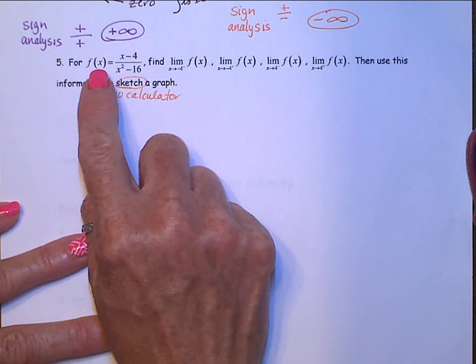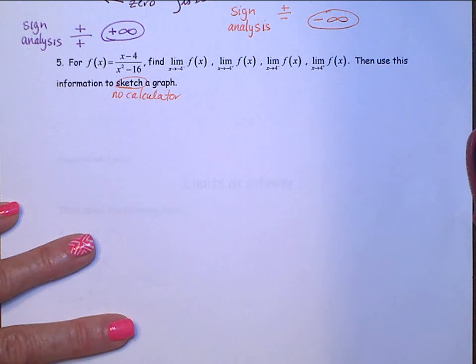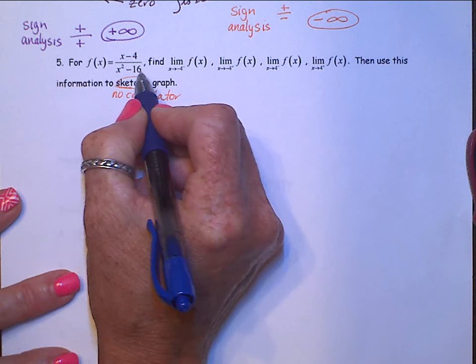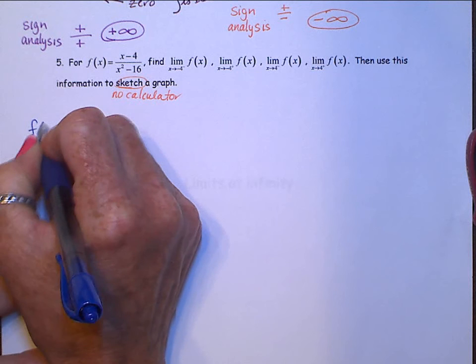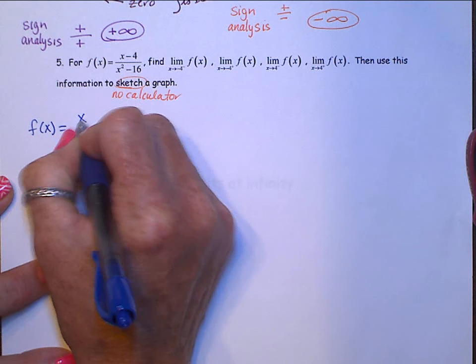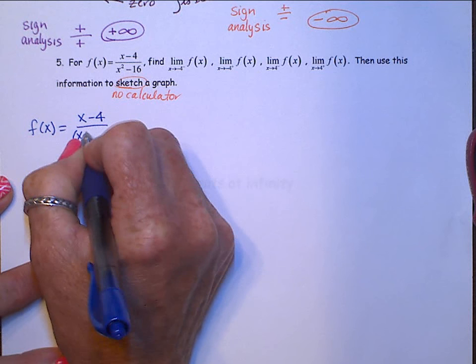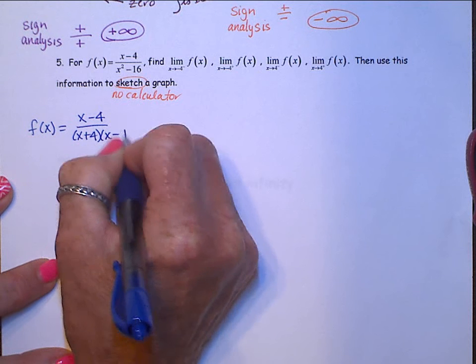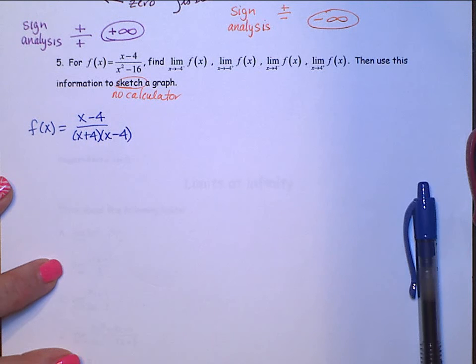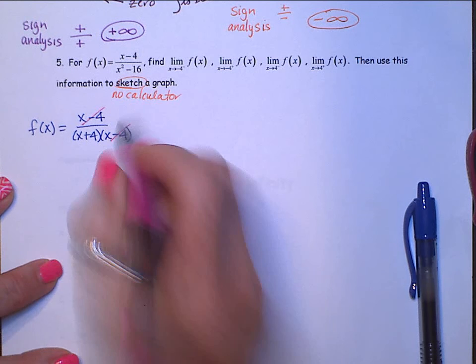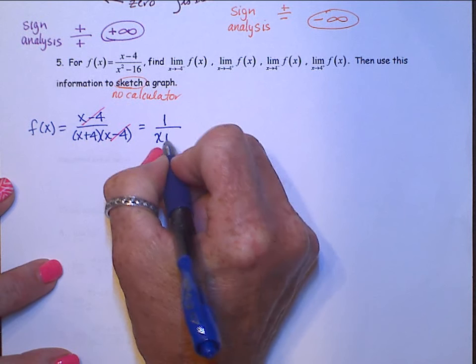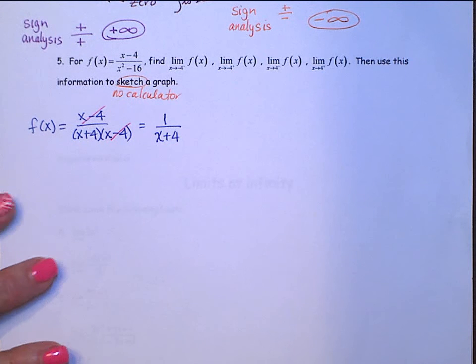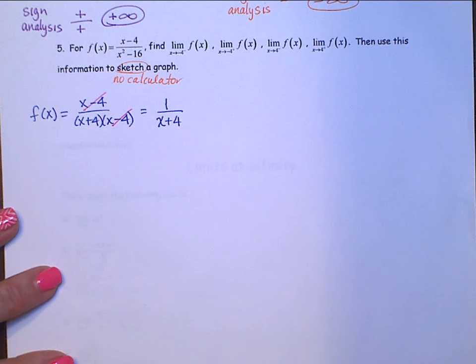Right off the bat, when you look at this function, you should see that the x squared minus 16 factors. So our function is x minus 4 over x plus 4 times x minus 4. The x minus 4's divide out, and we are left with 1 over x plus 4. So there's that simplified form.